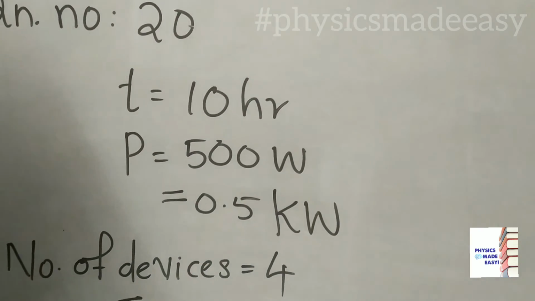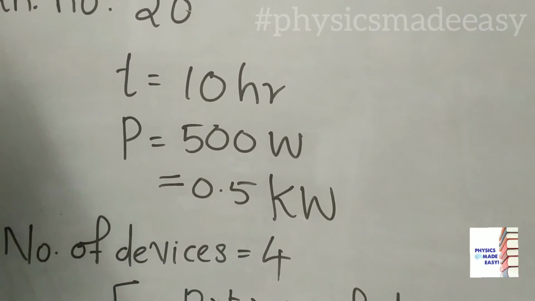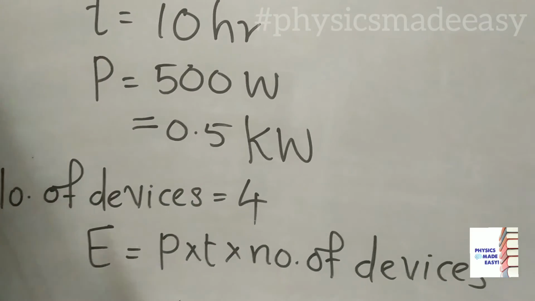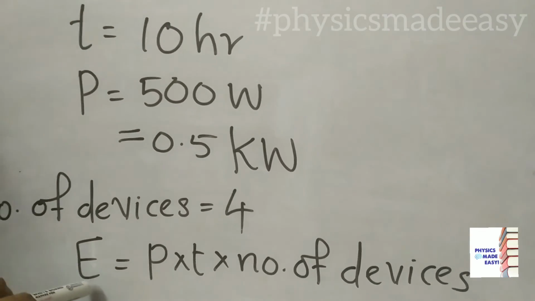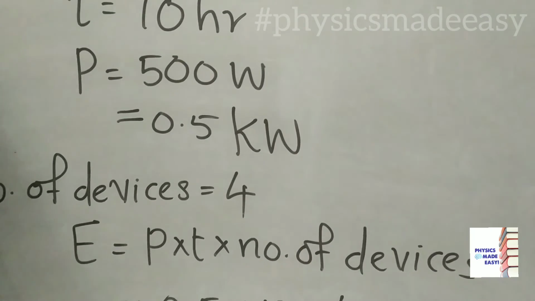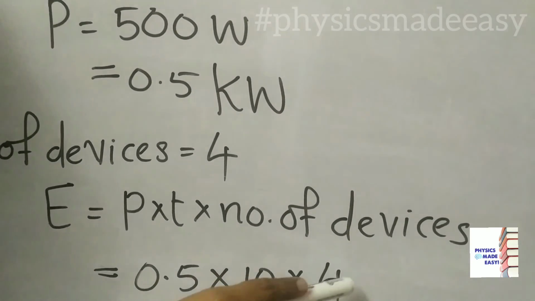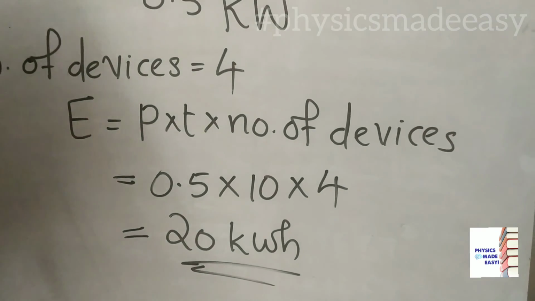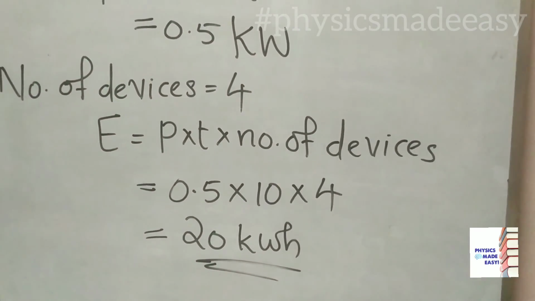But how many devices here? 4 devices there. So what is the energy? We have to find the total energy consumed by all these devices. So energy is equal to power into time into number of devices. So 0.5 into 10 into 4, 20 kilowatt hour. That is the total energy consumed by those 4 devices.